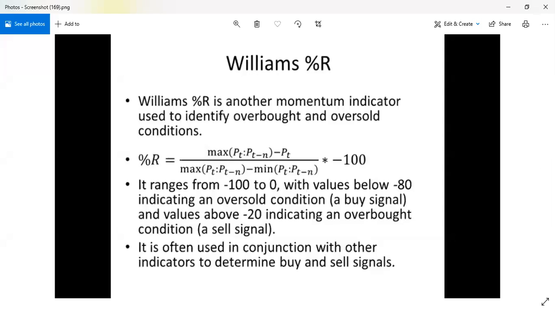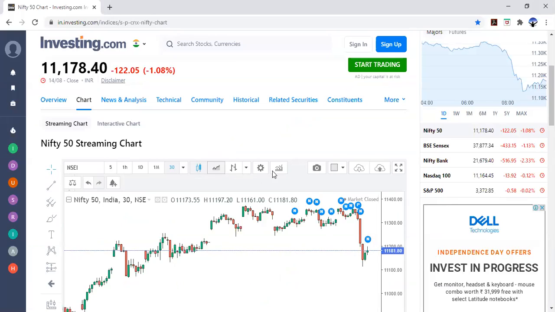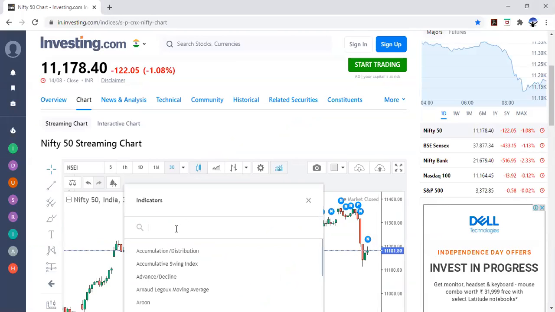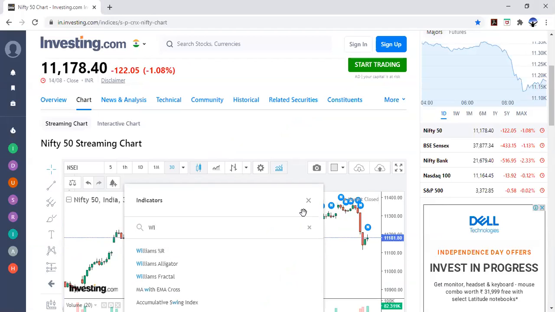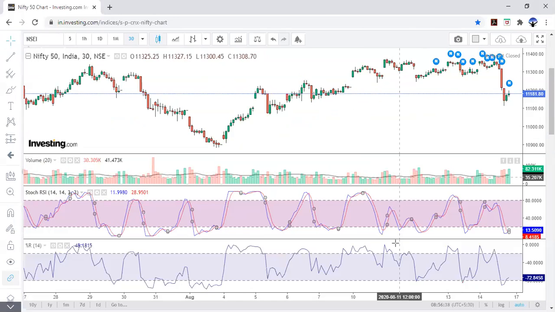Now we are showing it on the chart. It is the same as an RSI.